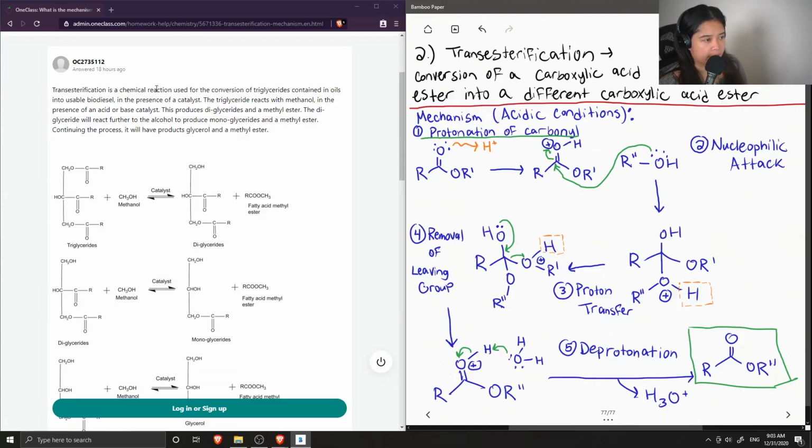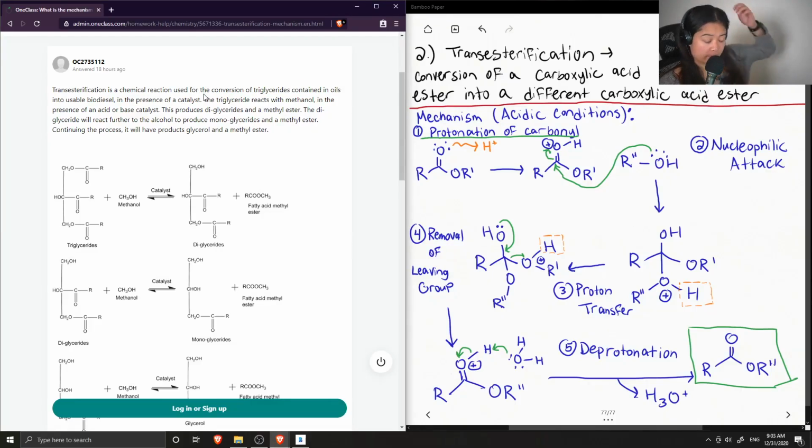Transesterification is a chemical reaction used for the conversion of triglycerides contained in oils into usable biodiesel in the presence of a catalyst. Yep, so this is one way people can use transesterification in real life.